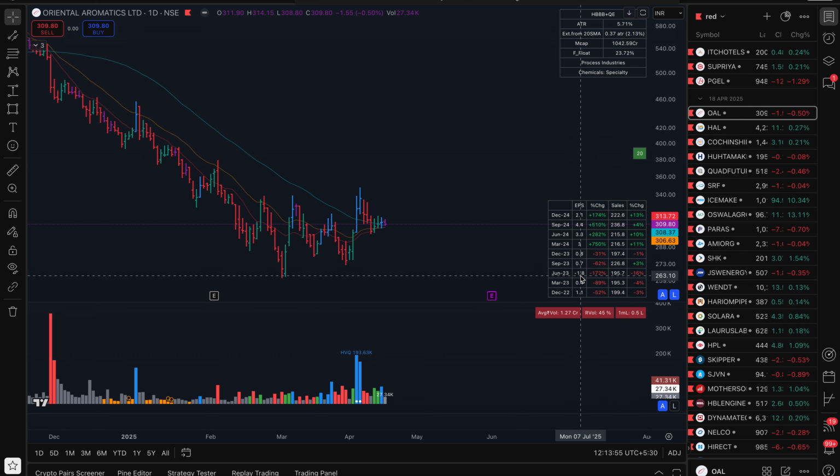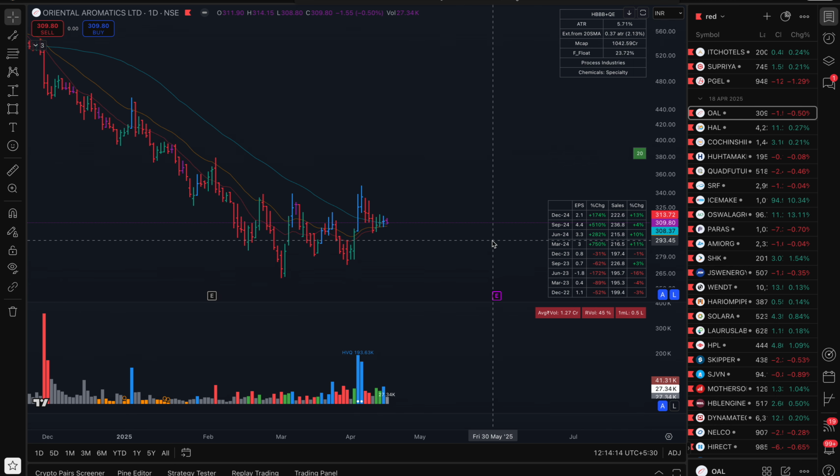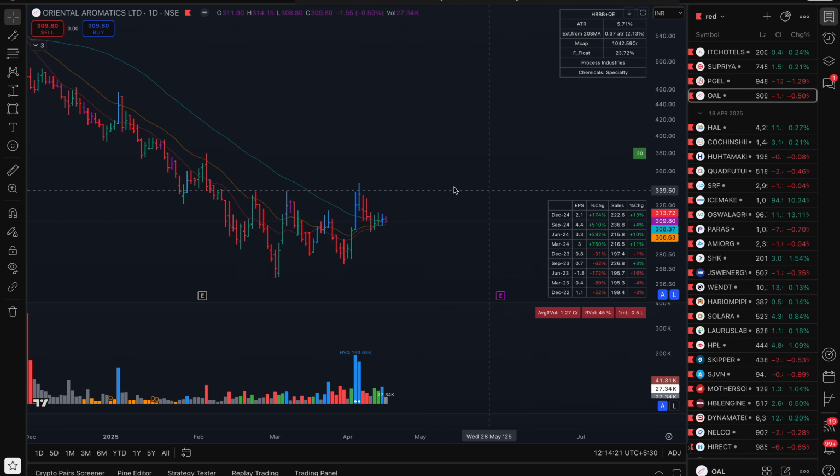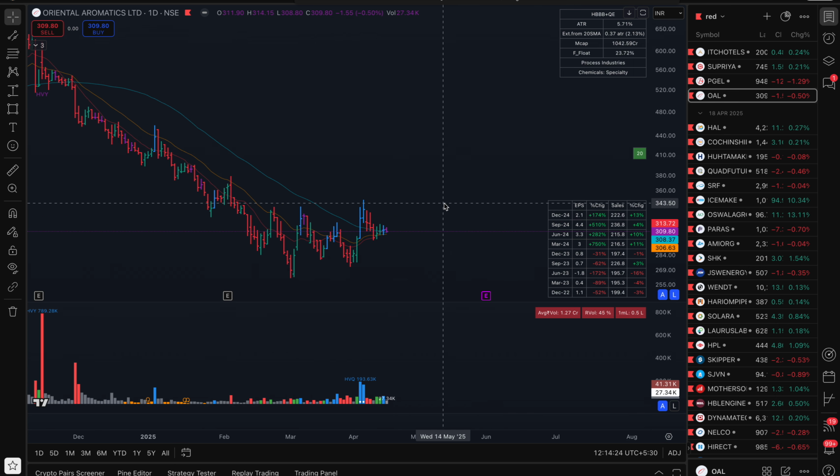Since December 22, all of this time, 0.4, minus 0.7, 0.78, and March 24, which is fairly recent, a year back, it started to do well. The numbers 3.34, December 2.1. So it could be that there is a turnaround going on, and the price action is also depicting a similar story, and this looks good to me, even though it's a reversal base.